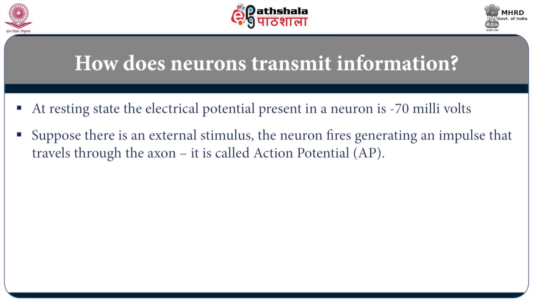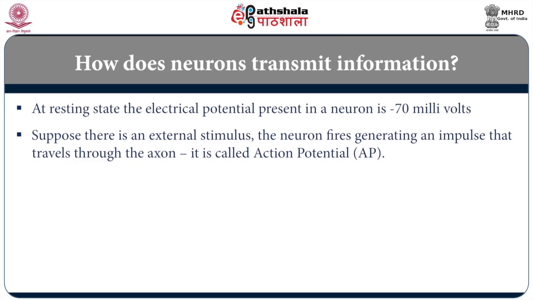Now, suppose there is an external stimulus, somebody pinches you or you see some flashlight. Then there is a change in the electrical activity. From minus 70, it might go to minus 90. So, in response to external stimulus, neuron fires and it generates what is known as action potential, AP.